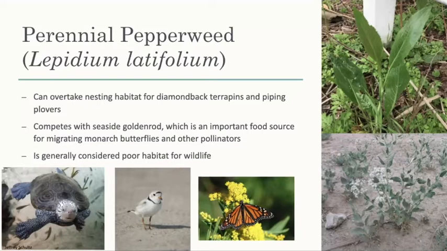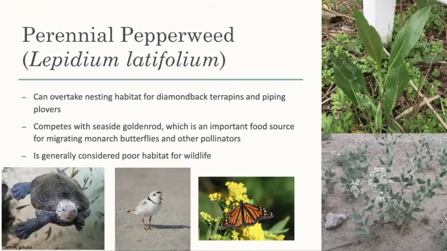It outcompetes various shrubs that belong in the ecosystem and that are really important, for example, seaside goldenrod. It occupies the same habitat and outcompetes seaside goldenrod, and that's an important food source for migrating monarch butterflies that are coming up the coast and other pollinators too, just by covering these sandy areas that might have been open.